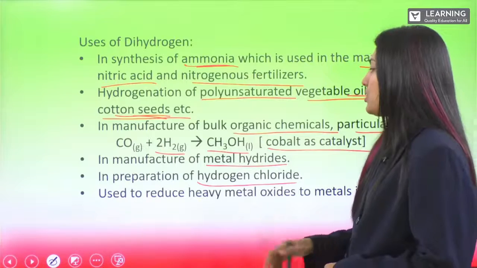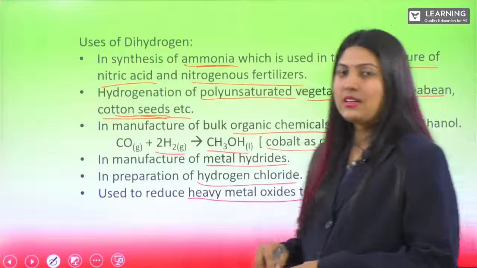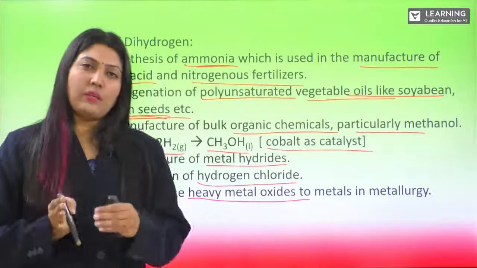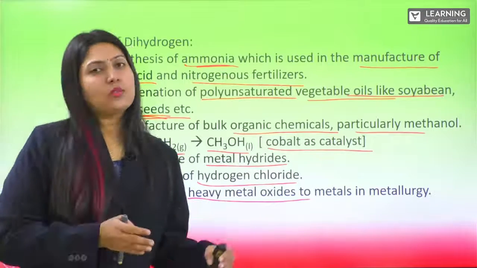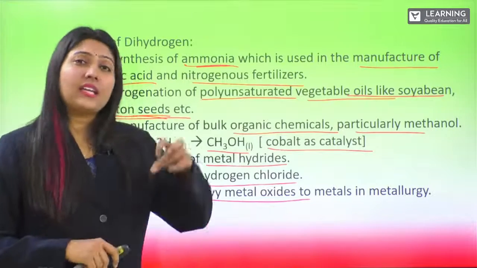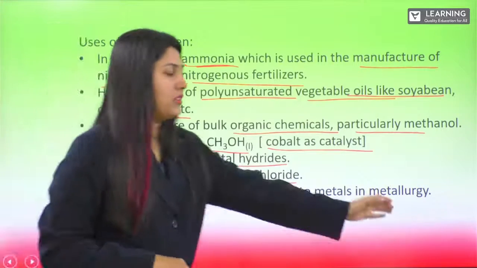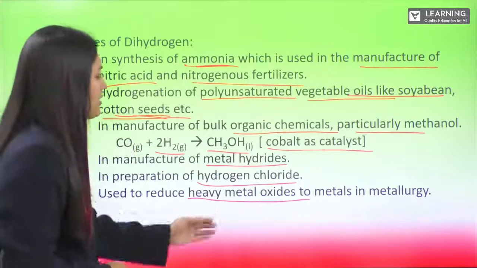It has been used to reduce heavy metallic oxides into metals in metallurgy. As we saw, copper oxide is reduced to copper, iron oxide is reduced to iron. To extract the metals from the ores in metallurgy, we are using this hydrogen to reduce the metal oxides to metals.